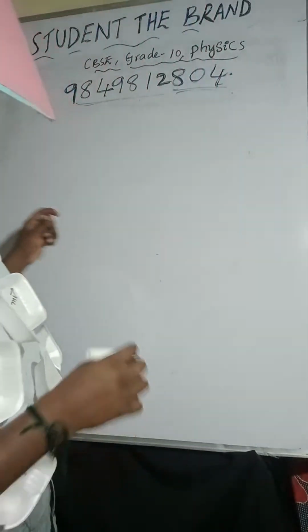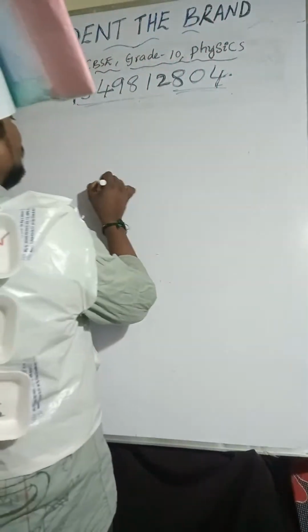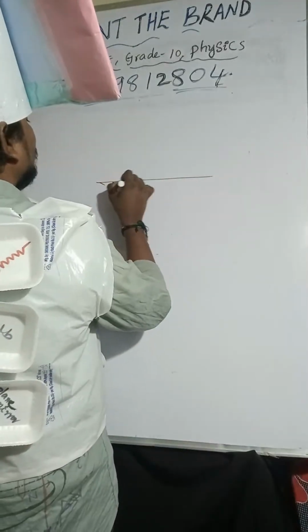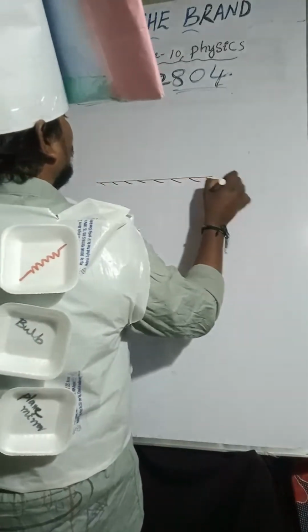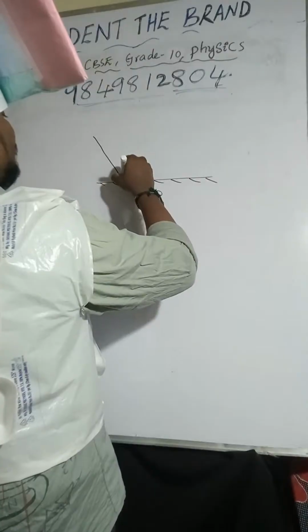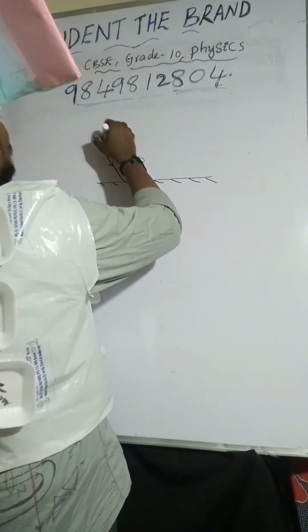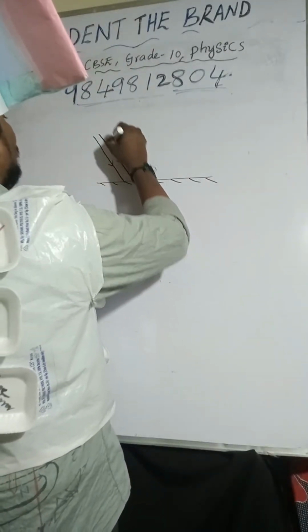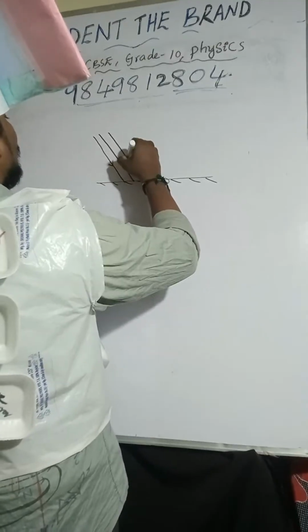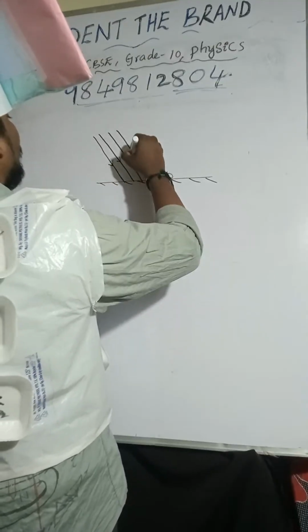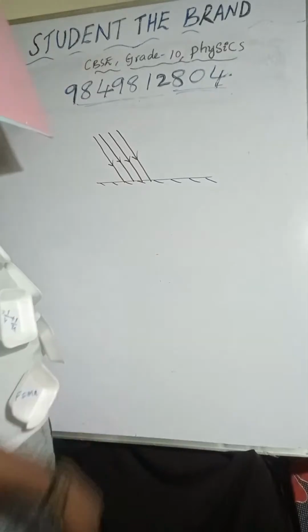I am taking the plane surface like this. These are the incident light rays: 1, 2, 3.